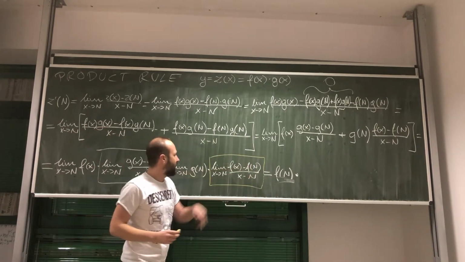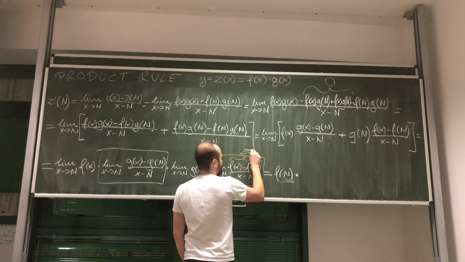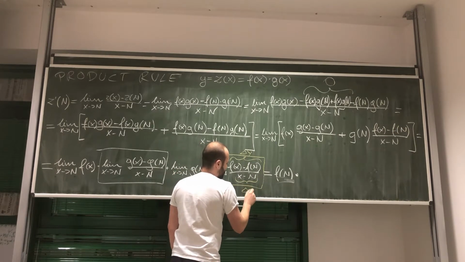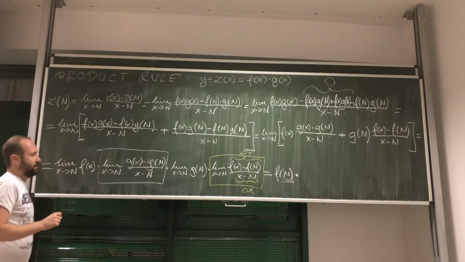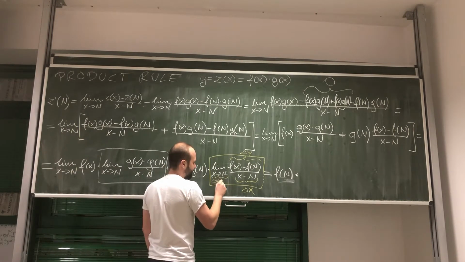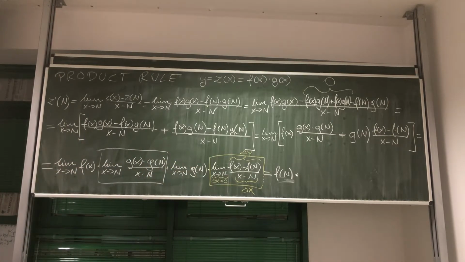What do we have at the top? At the top, we have delta y. And at the bottom, delta x. In this setting, this can be thought of as delta x approaching 0. This is a limit with delta x approaching 0, and this is the definition of the derivative, g prime of n.